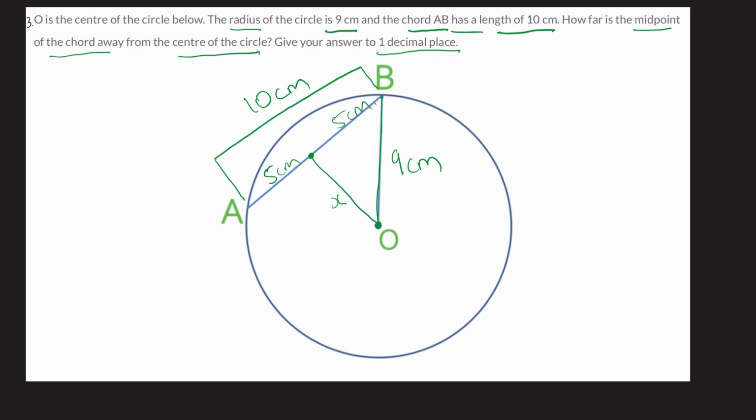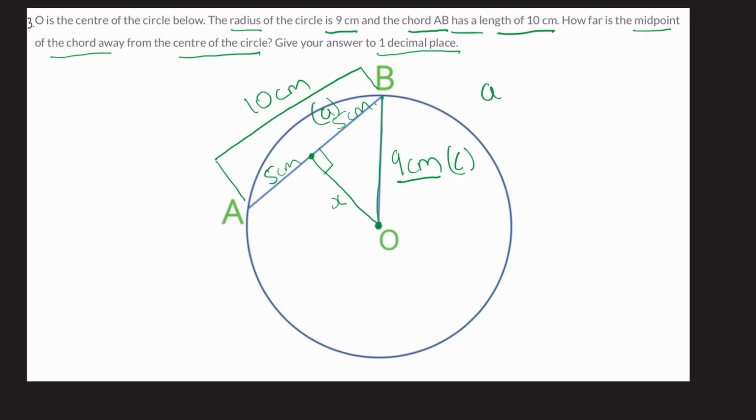Now, once again, we can do Pythagoras, because this is a right angle triangle. So this will be C, and this will be A. So now we do A squared plus B squared equals C squared. Now we're going to substitute the values in. So we've got 5 squared plus b squared equals 9 squared.